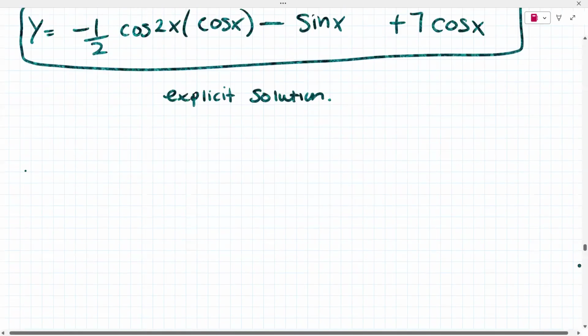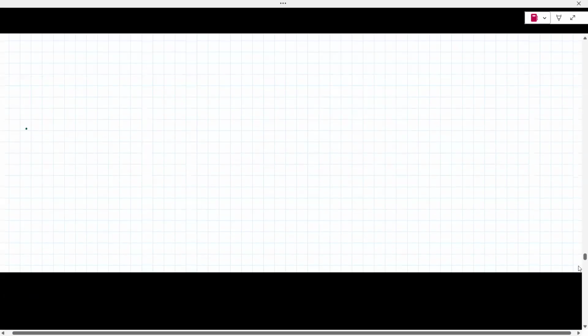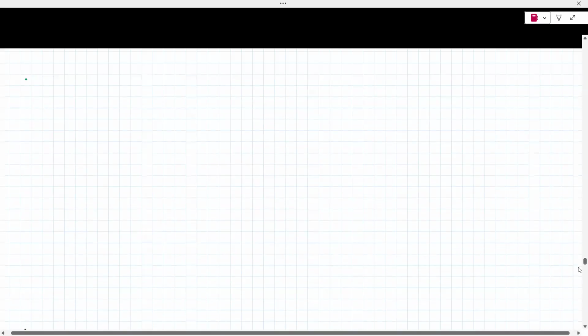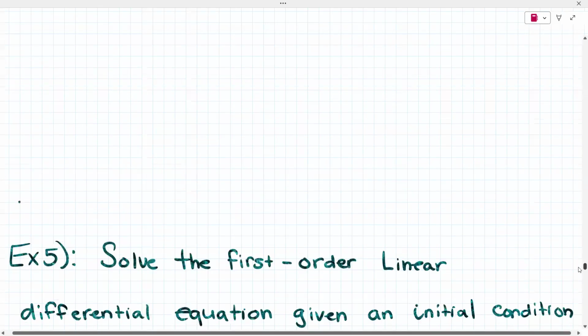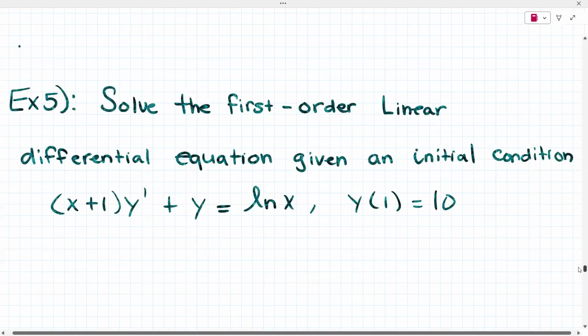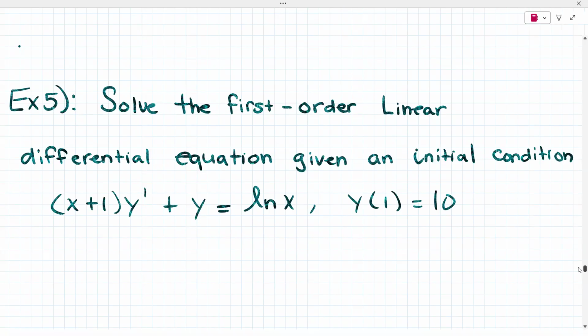Let's move on to example 5. So example 5 says, solve the first order differential equation given the initial condition.